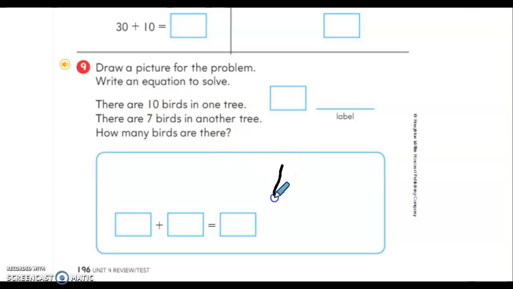This would be like the 10 sticks and then the 7 extra ones. It's up to you. Either way, it's an addition equation, right? How many birds there are in this tree plus how many birds there are in this tree equals how many birds total. This answer right here is going to be the same answer you put right here. And don't forget your label.